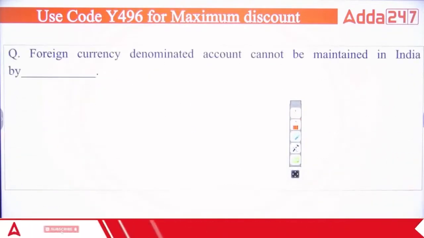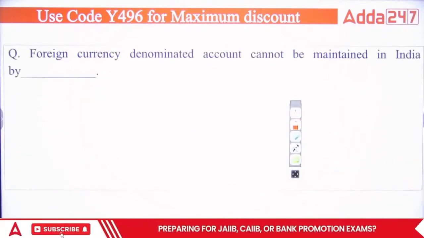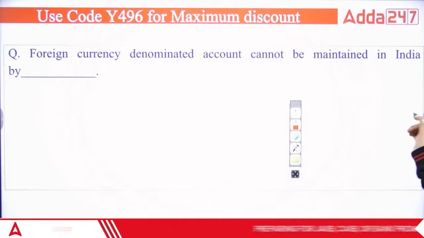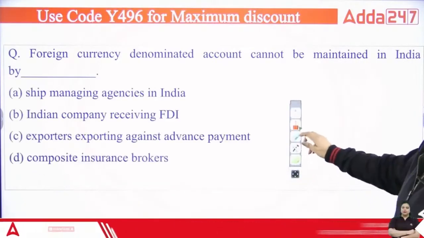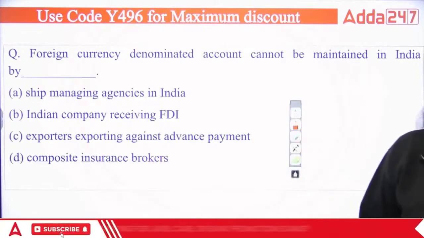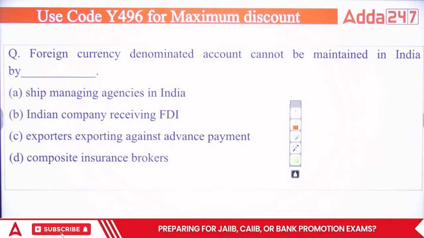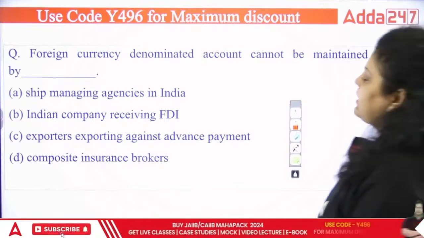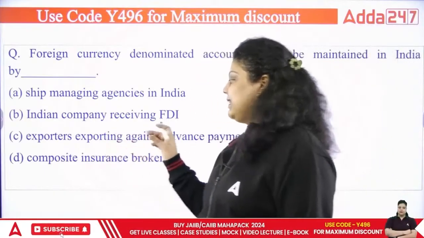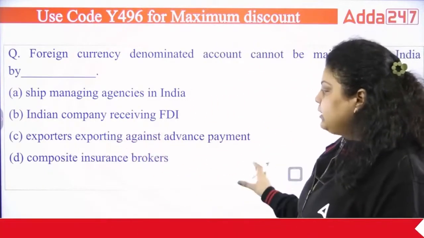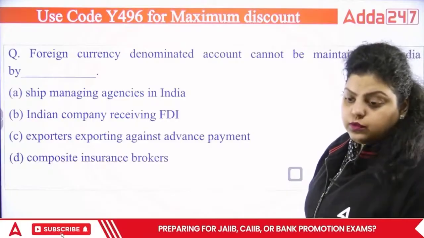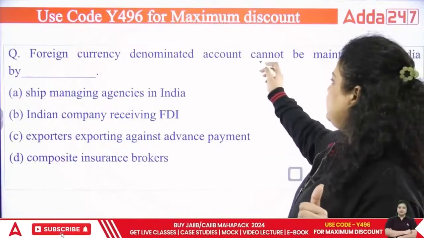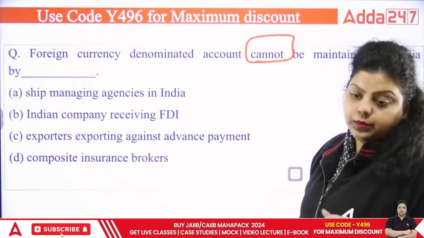Next, a foreign currency denominated account cannot be maintained in India by dash. Who cannot maintain a foreign currency denominated account in India? First is ship managing agencies in India, second is an Indian company receiving FDI, third is exporters exporting against advance payment, fourth is a composite insurance broker. Out of these 4, who cannot maintain the foreign currency denominated account in India?